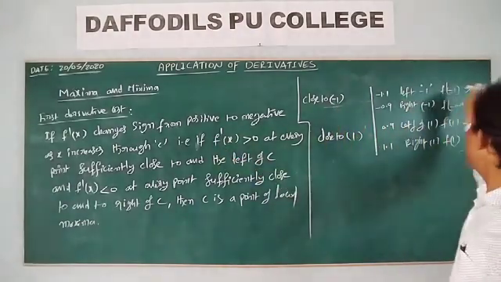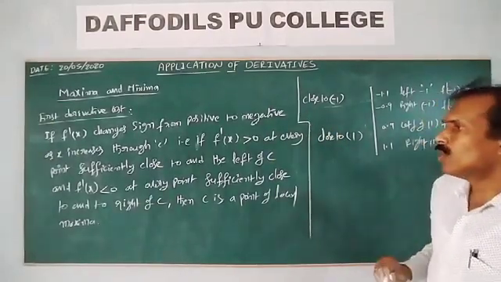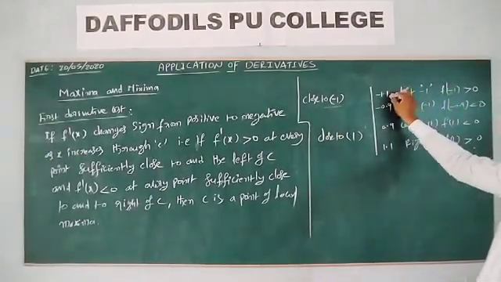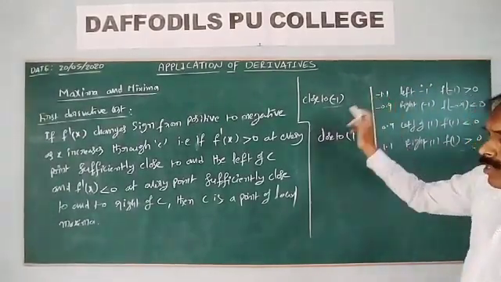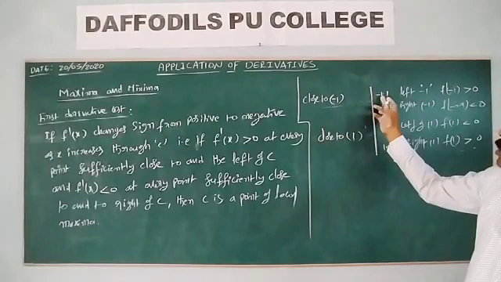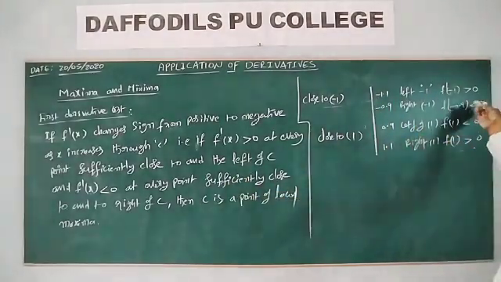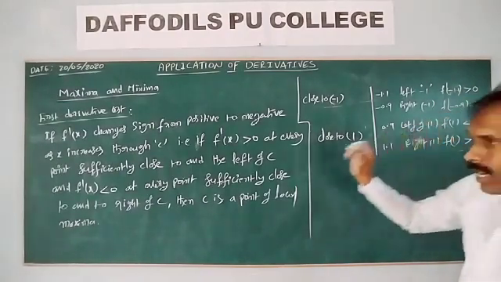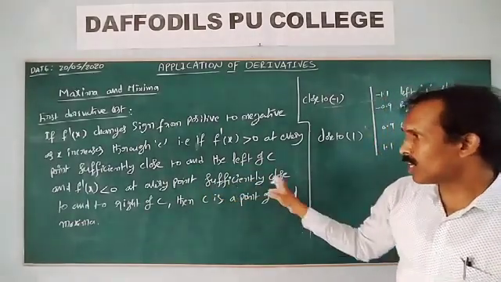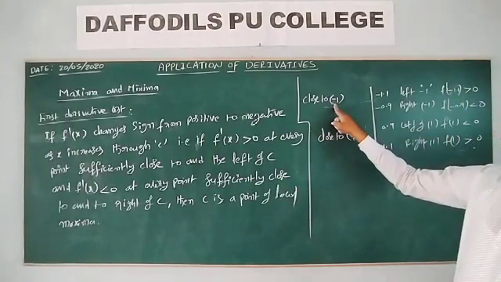If f dash x greater than 0 at every point sufficiently close to minus 1, left of c means minus 1.1, and f dash x less than 0 at every point sufficiently close to and to the right of c. c means here minus 1.